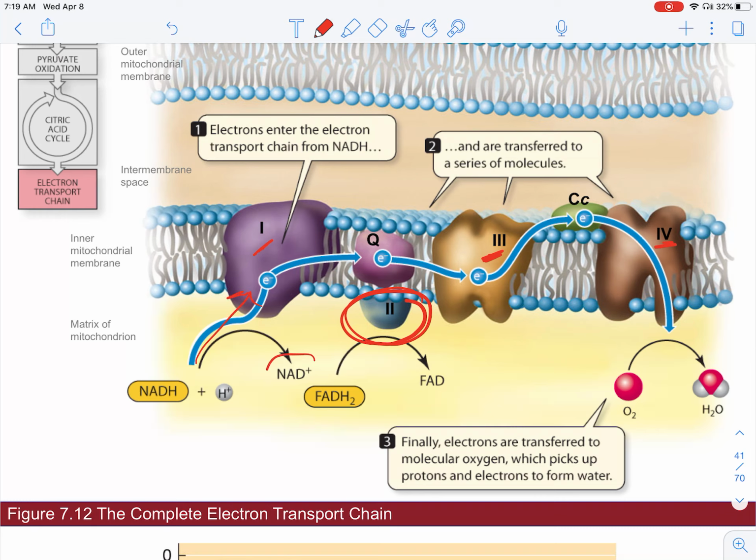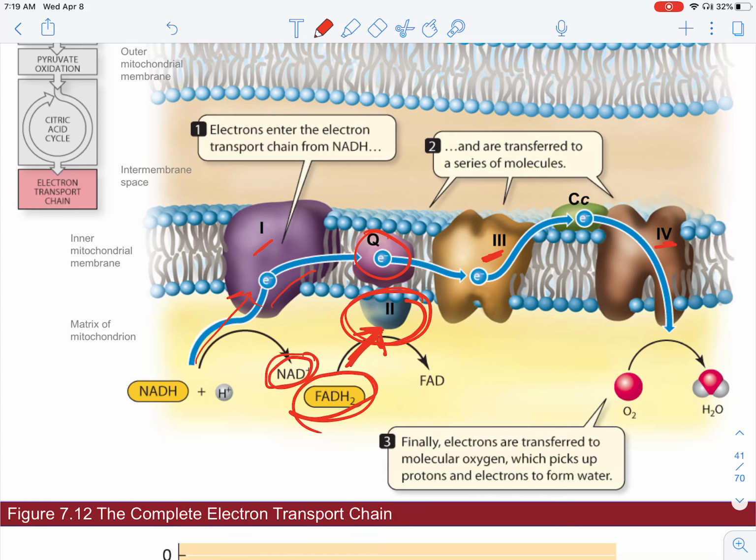In the process, NADH gets oxidized to NAD plus, and it's available to pick up another electron via either the citric acid cycle or pyruvate oxidation. That electron flows through complex 1 to ubiquinone, which we abbreviate as Q. At the same time, FADH2, that's produced in the citric acid cycle, passes its electrons on to complex 2 only.